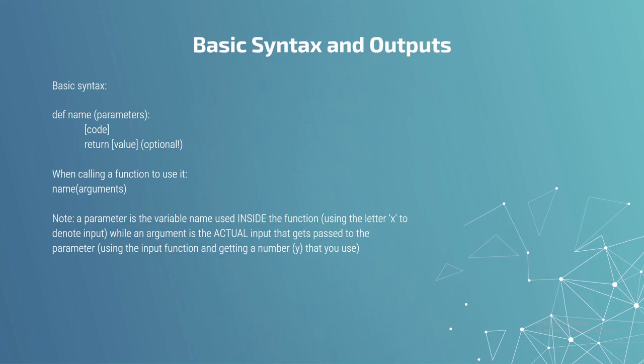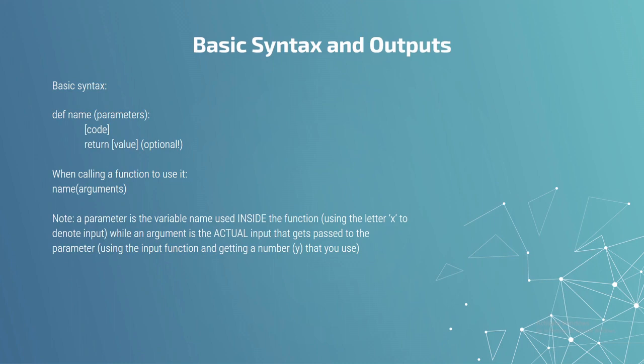When calling a function to use it, just use the name, and then put in your arguments. Now just a quick note, when I use the words parameters and arguments, an argument is the external value that you input to a function, while the parameter is the name of the variable in the actual function that you'll use to manipulate. Say for example, when I'm calling the function name, I input the variable y.